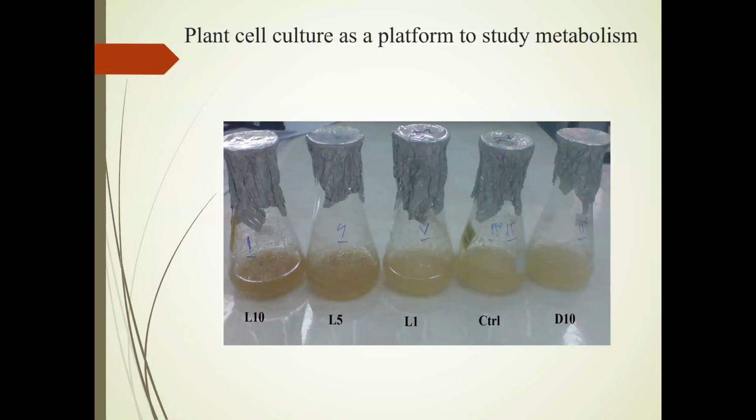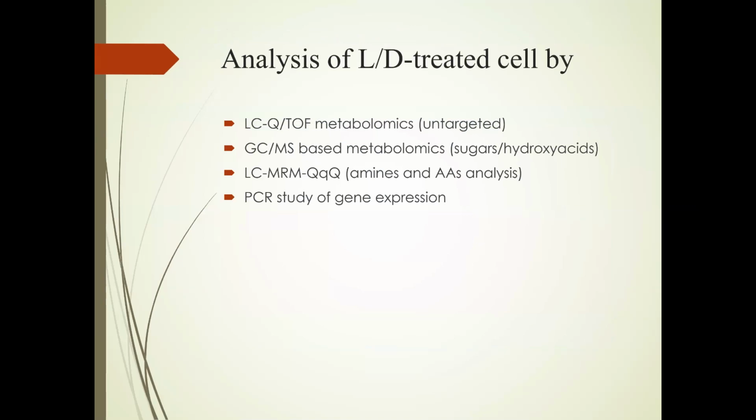So I used the plant cell culture as the platform to study metabolism. As you see in this picture, we have different L enantiomers of ornithine or D enantiomers and compared them with the control sample. We used a bunch of metabolomic work.